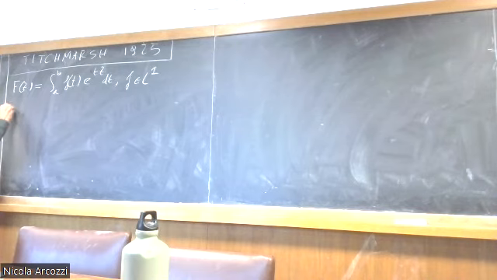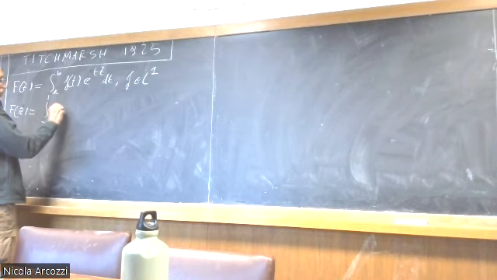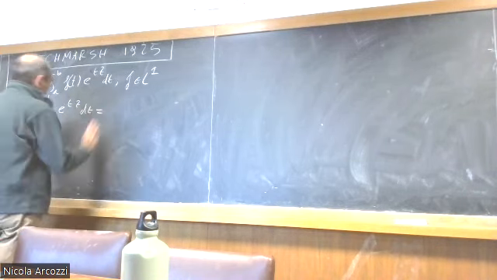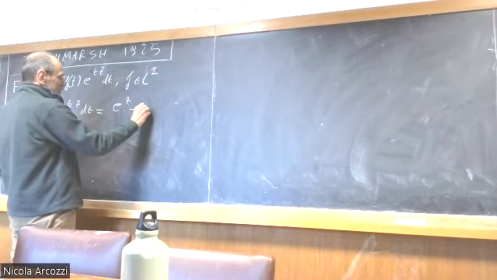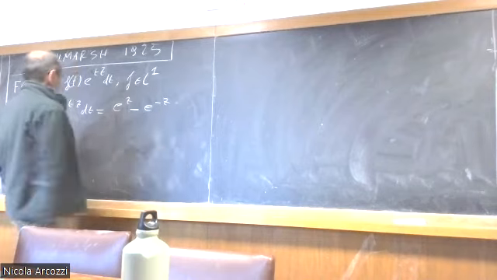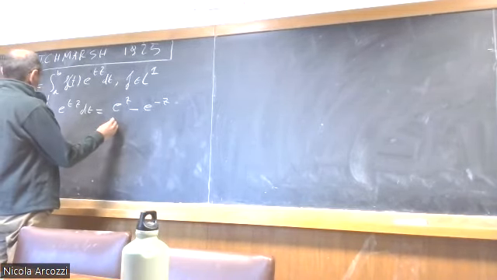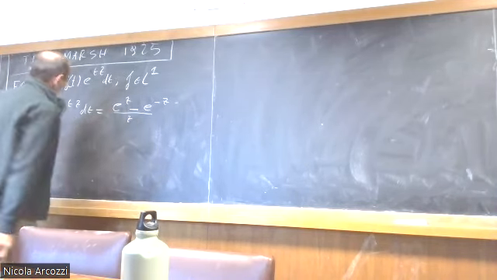If you consider, for instance, f of z equal to the integral between -1 and +1 of e to the t z dt, this gives e to the z minus e to the minus z over z, I guess.